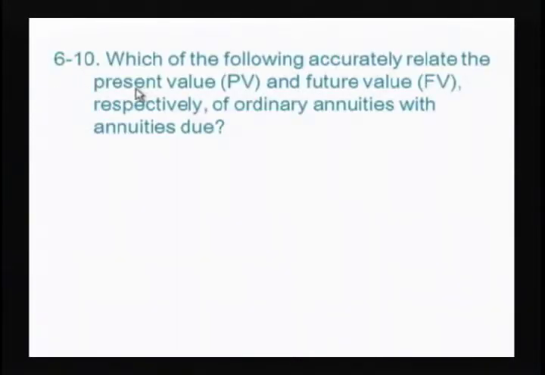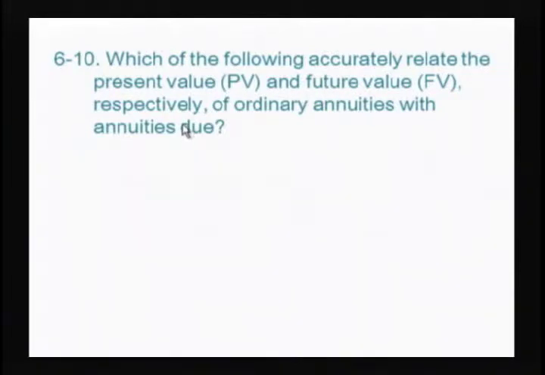Problem 6.10 says, which of the following accurately relate the present value and future value, respectively, of ordinary annuities with annuities due? Well, the annuity due is always worth more than an otherwise identical ordinary annuity, whether it's a present value or a future value. The payments come sooner, so for a present value, you get the money sooner, it's worth 1 period more interest.